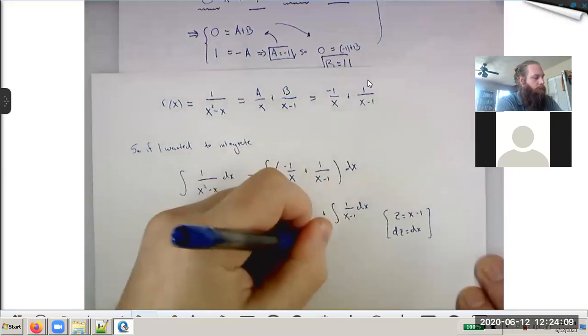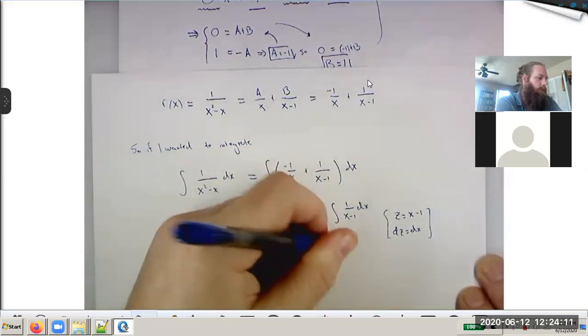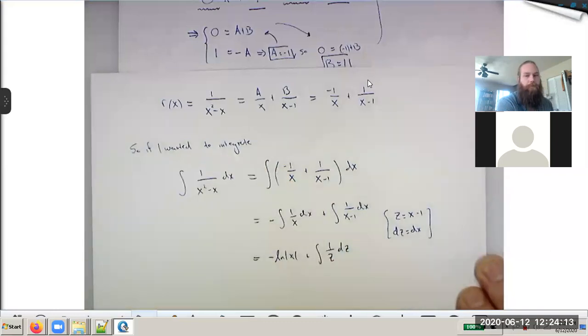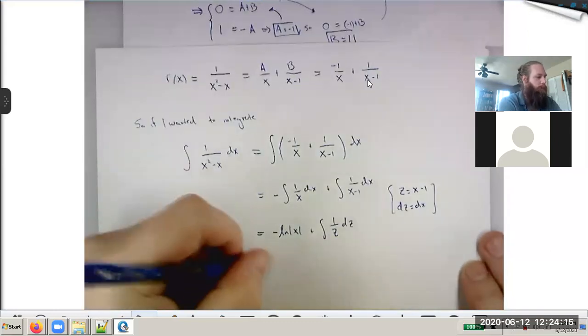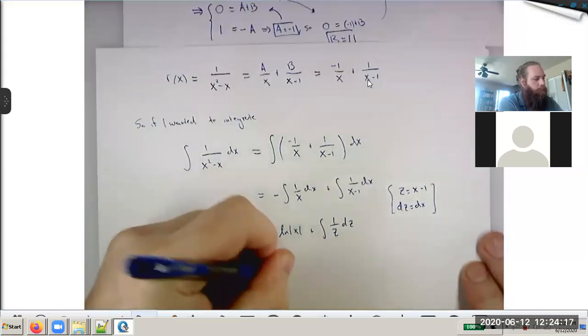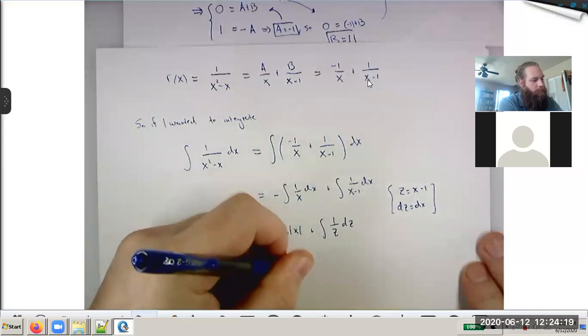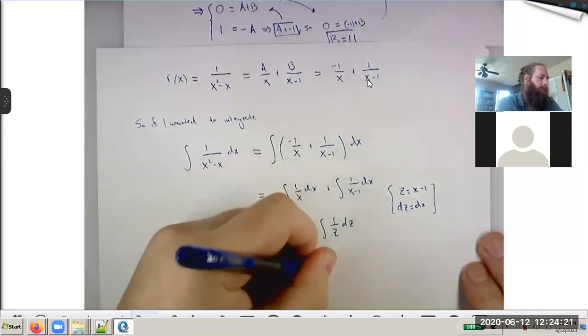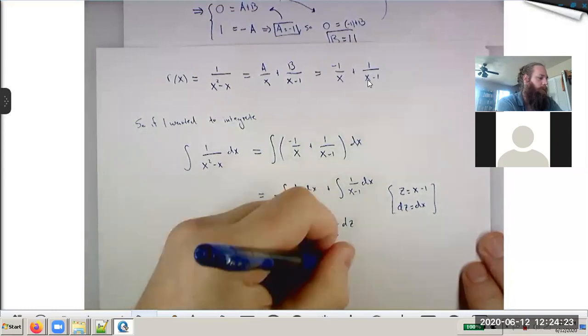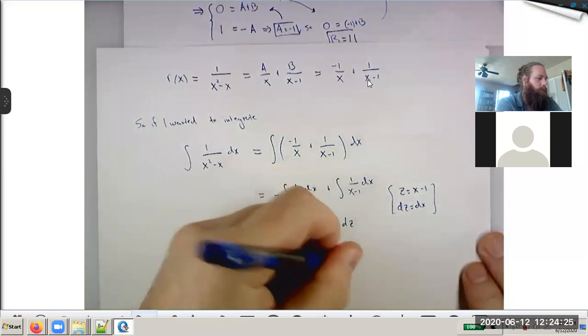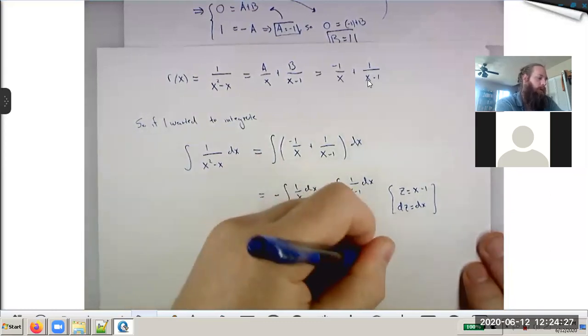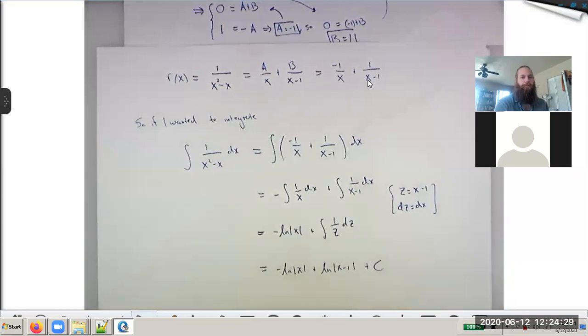So he becomes integral 1 over z dz. So he also becomes a natural log term. This first piece is negative ln abs x plus this piece is ln absolute value z, which is x minus 1. And that's how you do that integral.